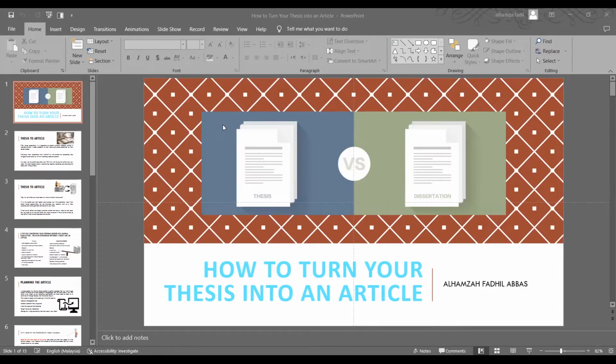Because as you know, a lot of PhD students, when they start finalizing their thesis, would like to publish their work, because their work in their thesis is original and novel.